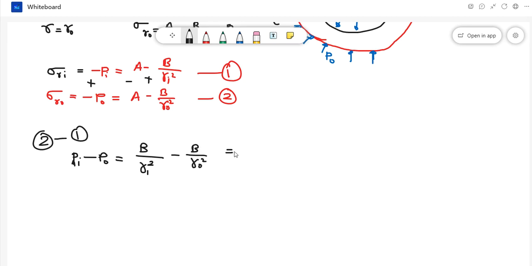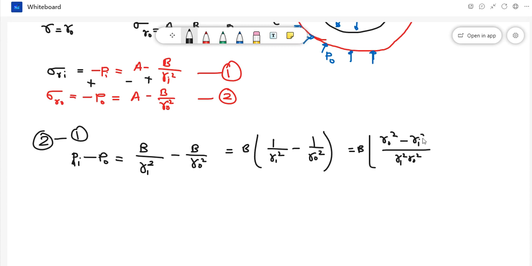Now take B common. Once you take B common, it will be 1 by Ri square minus 1 upon R naught square. Okay, so from here you can also write like this: B times R naught square minus Ri square over Ri square R naught square.